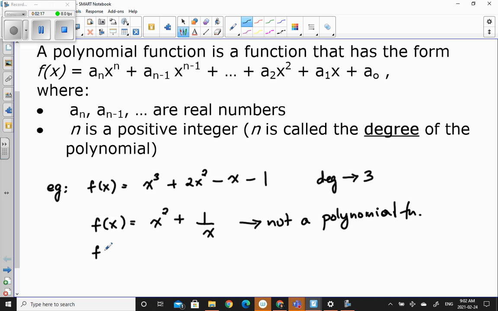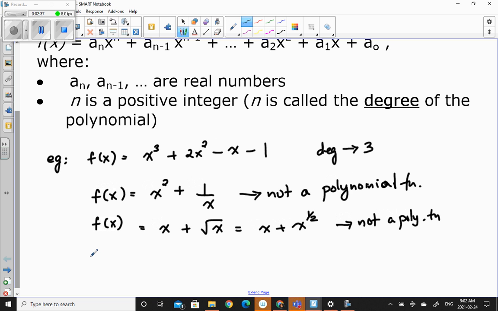Another example of a function that's not a polynomial function would be x plus the square root of x, which is simply x plus x to the power of 1/2, where the degree is again not an integer. This is positive, but it's not an integer, so it's not a polynomial function, okay? Or if you have f of x equals x squared plus x to the power of minus 2. Here again, the degree is negative, so it's not a polynomial function.